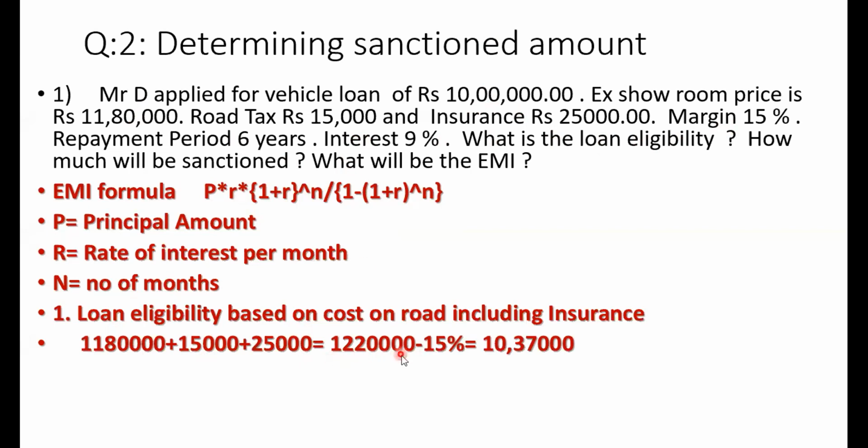Totally 12,20,000 you are getting, minus 15% margin. So this is the maximum loanable amount, 10,37,000 also we can give, but he is asking only 10. So naturally we can grant 10 lakhs without any issue based on the data. The margin will be given, don't worry, you don't have to assume. So question number 1 over.